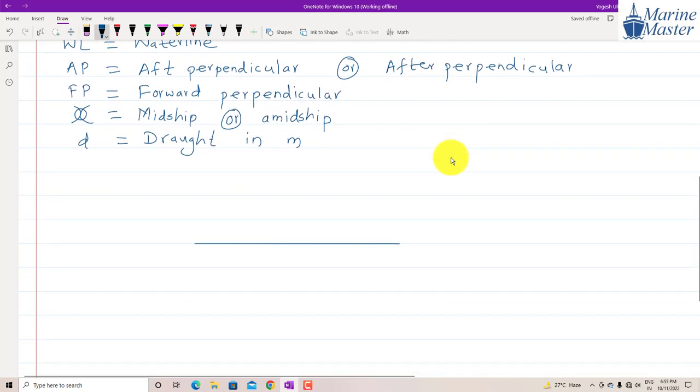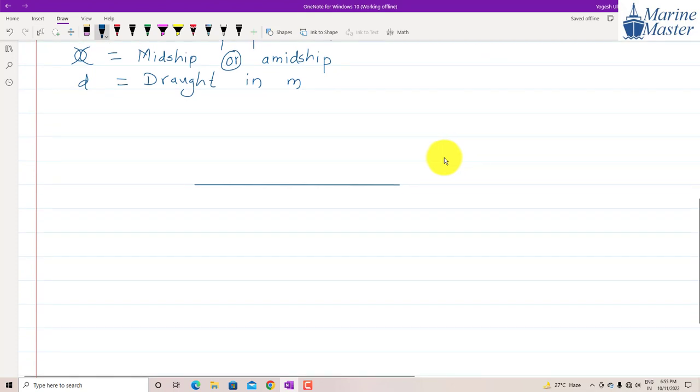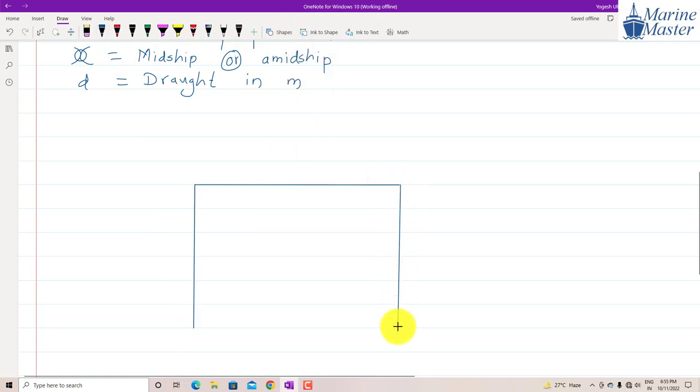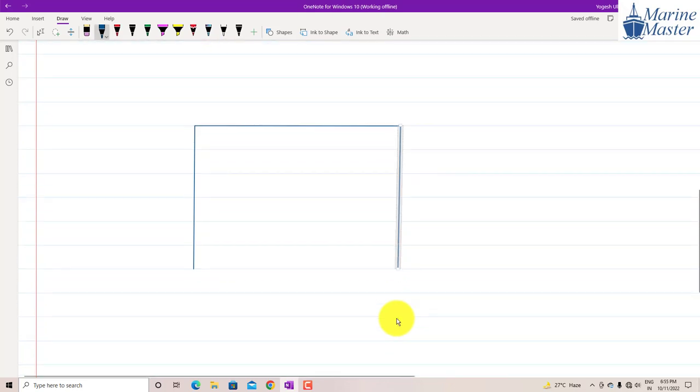The next view that we are going to study is the transverse view. That person is observing the ship from this side. That is what is meant by a transverse view. So this is the transverse view of the ship.